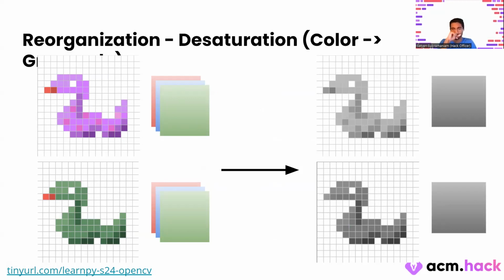On the right, we have the grayscale versions, and they are represented by a single array of values 0 to 255, as opposed to three different channels. This operation just entails taking the average of the three channels and recording that value. You go through each pixel, take the average of the three, and write it over here. Not too tricky.